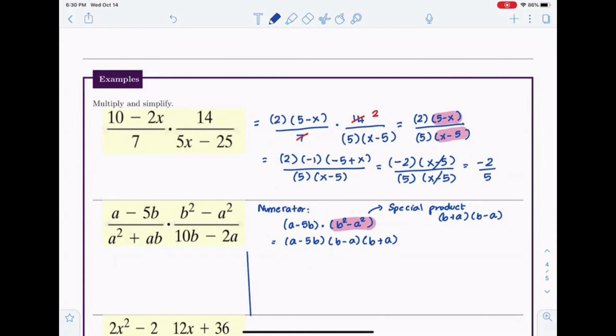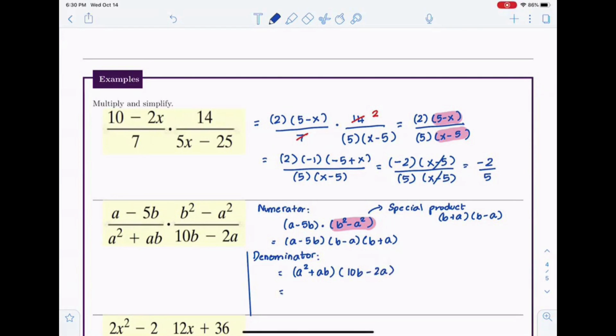So now moving on to the denominator, because there isn't much we can do at this point. We have factored everything. Everything looks nice and organized. So we are moving to the denominator. So a squared plus ab multiplied by 10b minus 2a.